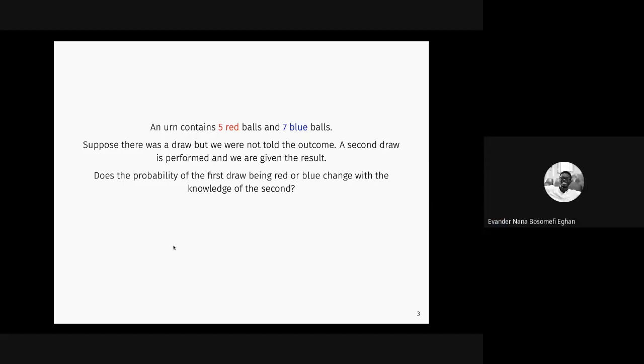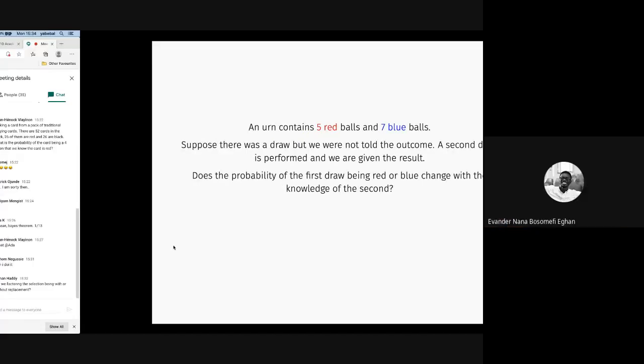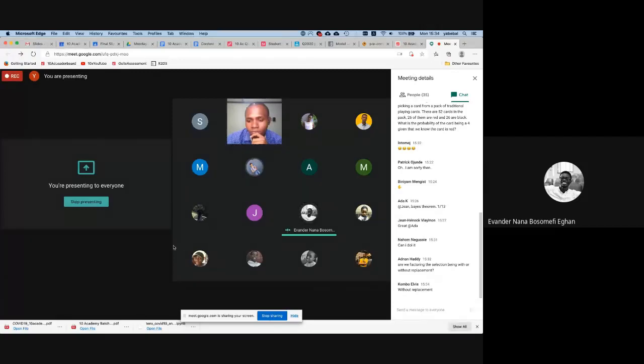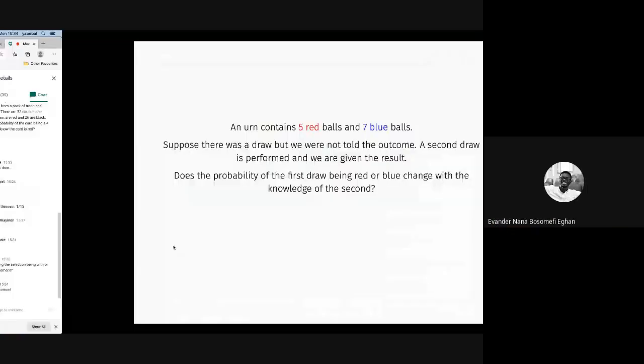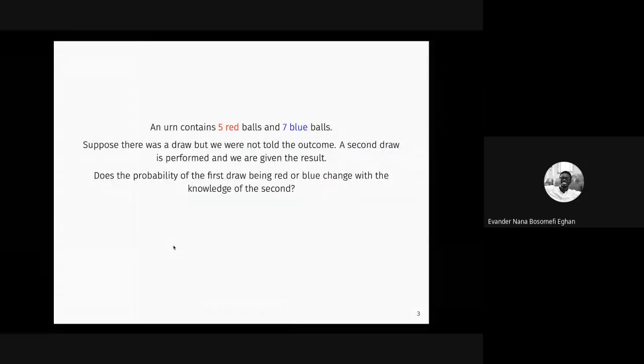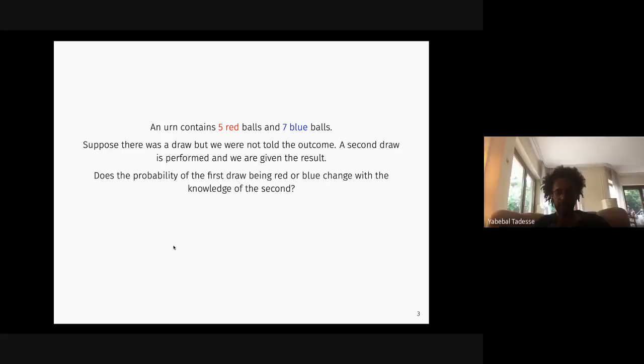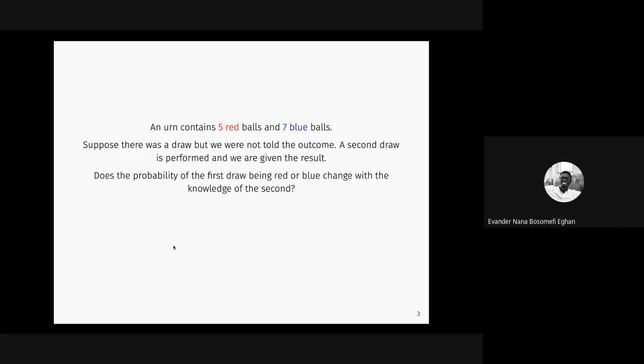Hello, Yababel. Yes. I wanted to add something on the question Biniam asked. It's a without replacement draw. The sample size of the first draw will be different from the sample size of the second draw. As such, the probabilities won't be the same.